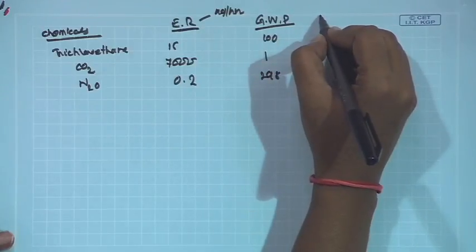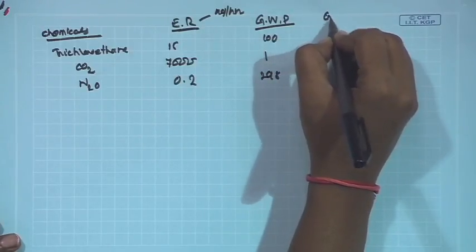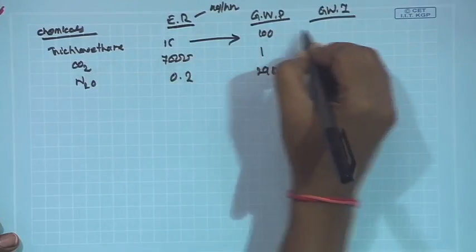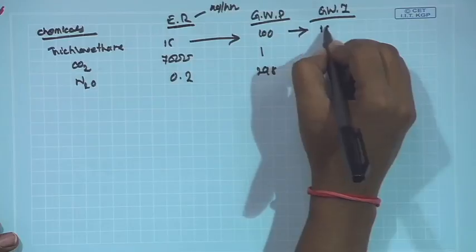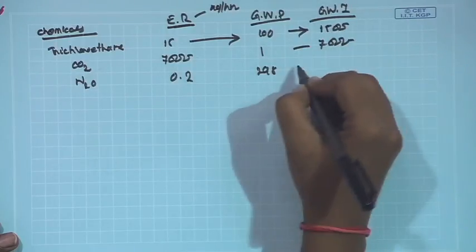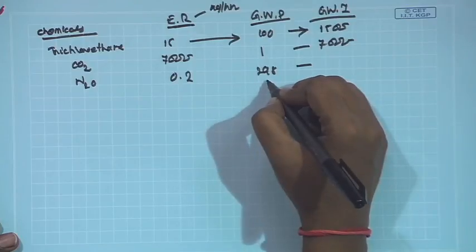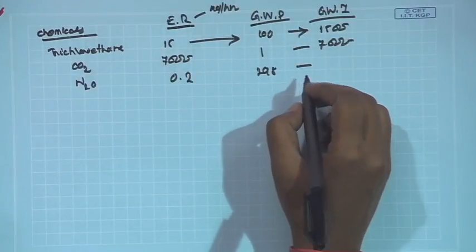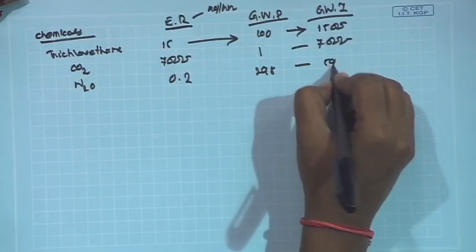Then the global warming index of each pollutant is the emission rate multiplied by the global warming potential, that is 1500, 7000, and 0.2 multiplied by 298, that is 59.6.